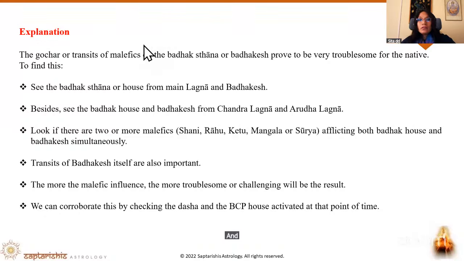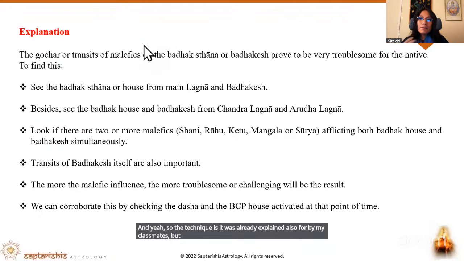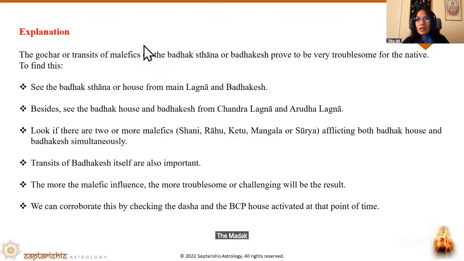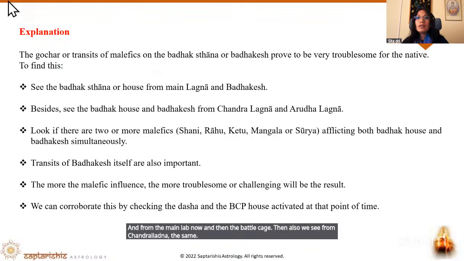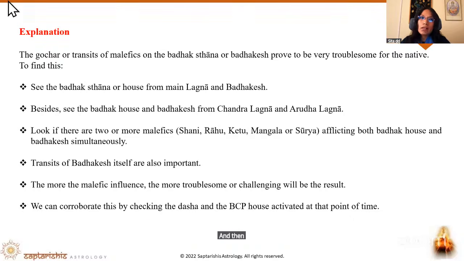The technique was already explained also by my classmates, but now I will explain it a little bit shorter. We have first to see the Badhastana, Badhakesh, from the main Lagna, and then the Badhakesh. Then also we see from Chandra Lagna the same, and then from Arudha Lagna.